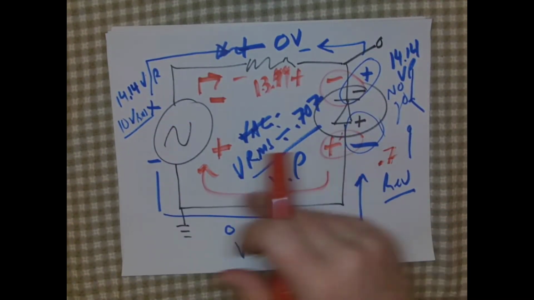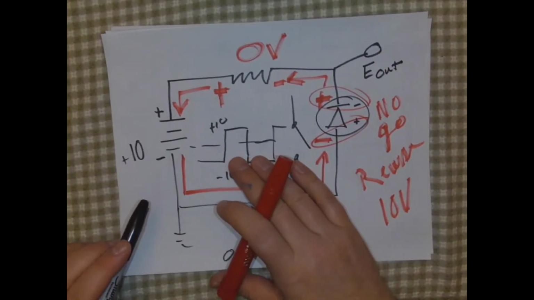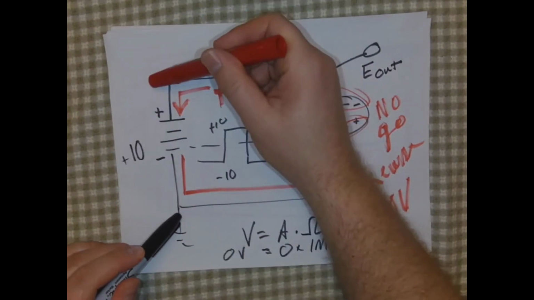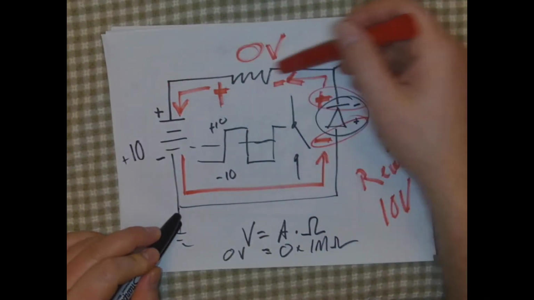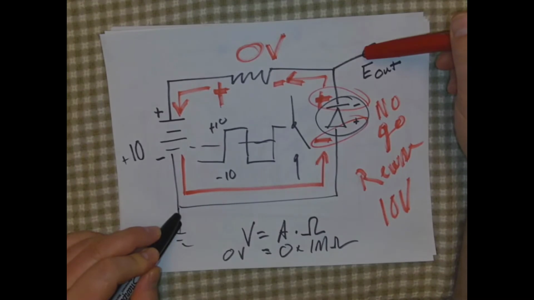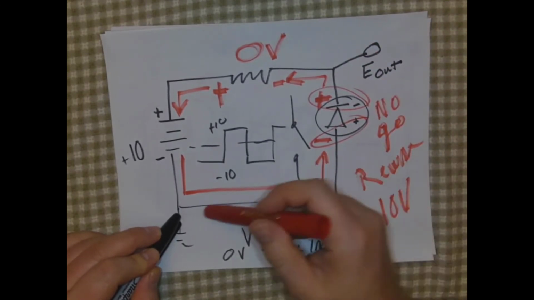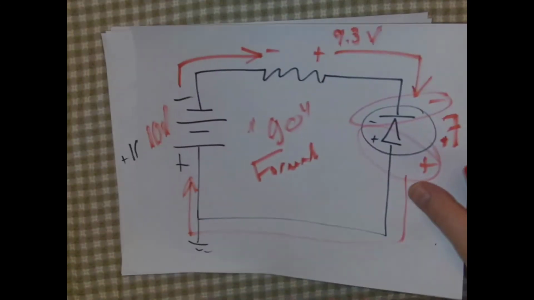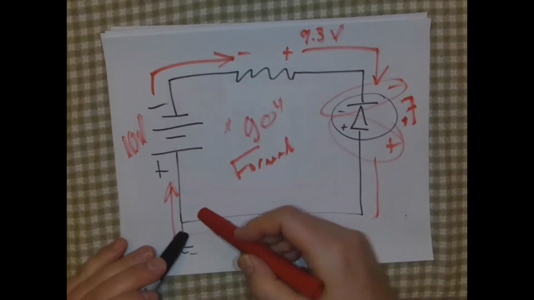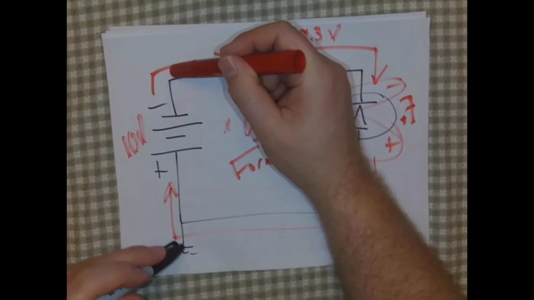Okay? If I look at my DC equivalent, I have 10 volts here. I drop over 0. I'm still at 10. 10 minus 10 is 0. Okay? If I go to this one, and I'm going the other direction, now I'm negative 10. Negative 10 moving towards 0.